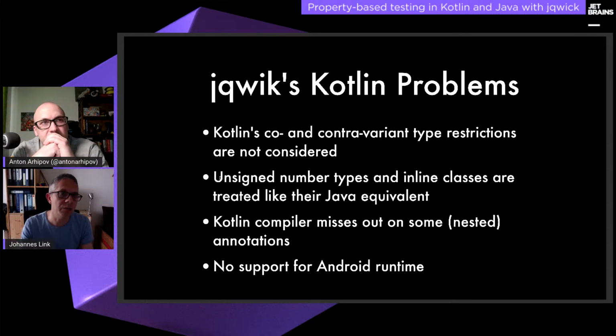So the inline types just look like the inline class, which is why jqwik looks at that as the primitive class, usually being inlined. Java reflection does not have the co- and contravariant type restrictions, so I don't see them. Some annotations are still missed by the Kotlin compiler.